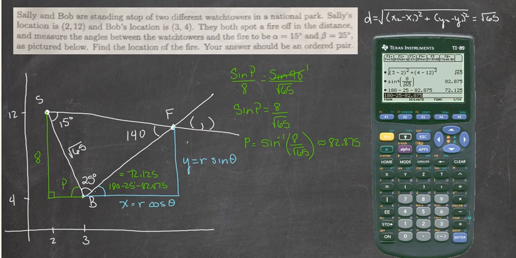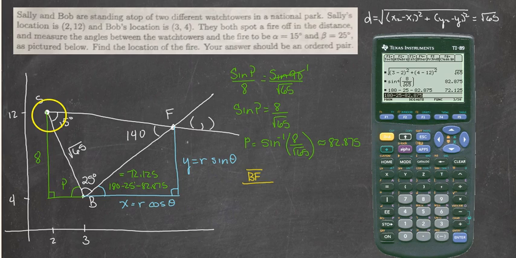I'm using, of the slope triangle, this right triangle, but I do have the original triangle with all the original information, and I can use that to find the length from B to F. So let's use the law of sines again. Let's say that the length from B to F is the side length I want.